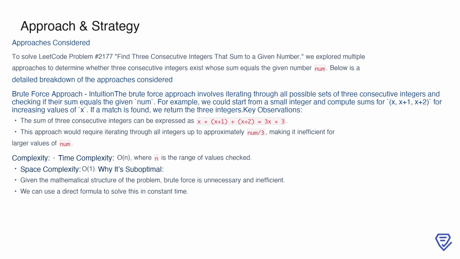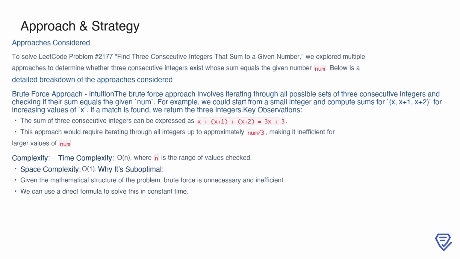However, there's an important insight here: the sum of 3 consecutive integers can be expressed as 3x plus 3. This means that, instead of checking random sets, we could limit our search to numbers up to approximately number/3. Still, this approach is inefficient for larger inputs because it involves iterating through many values unnecessarily.